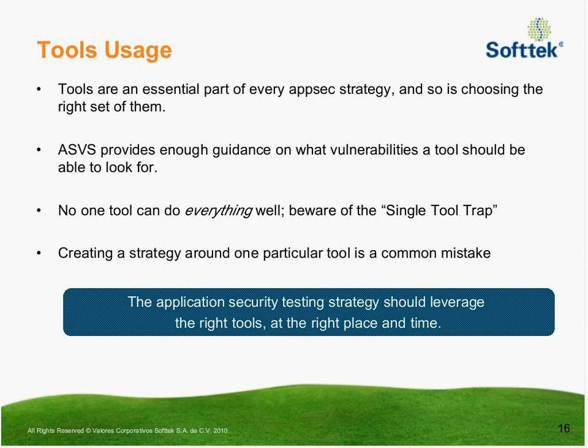All the tools are an important part of detection. For example, we use around 50 tools in our detection services. One single tool or suite cannot do everything. So make sure the application security testing strategy that you create leverages the right tools at the right place and time, and not always.